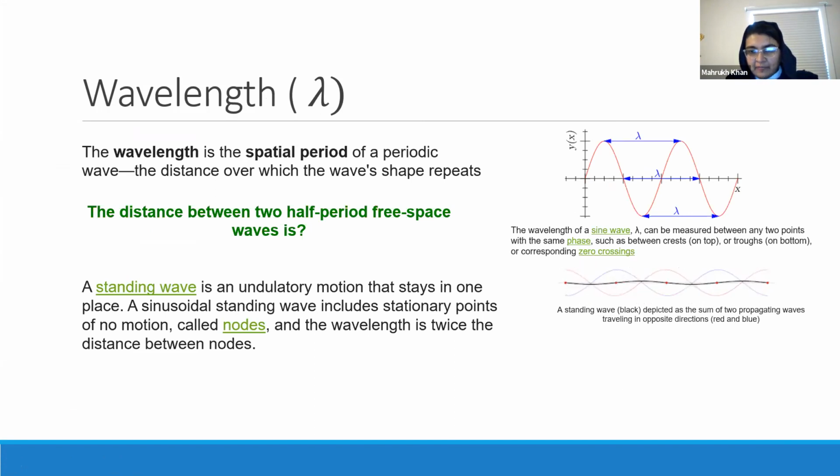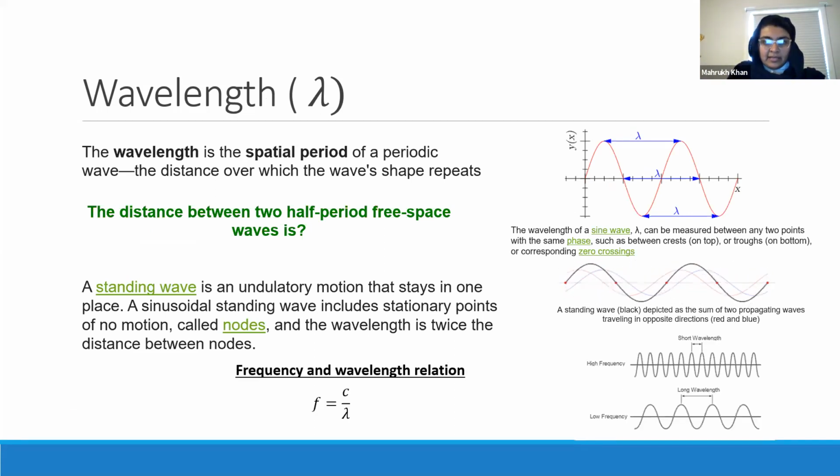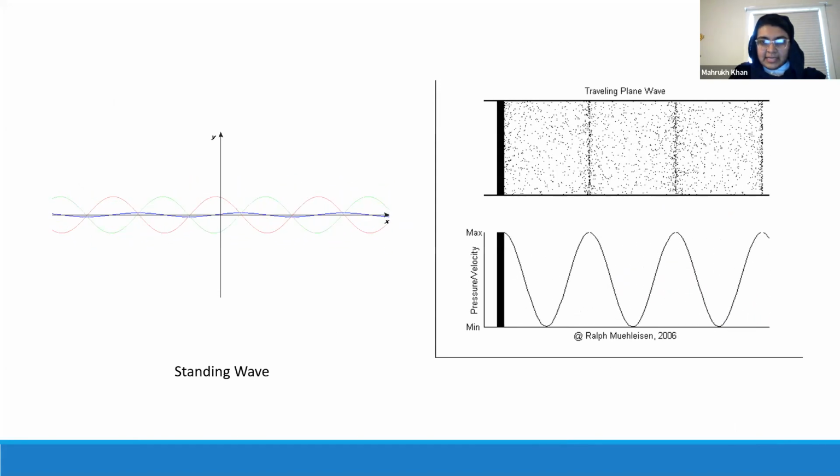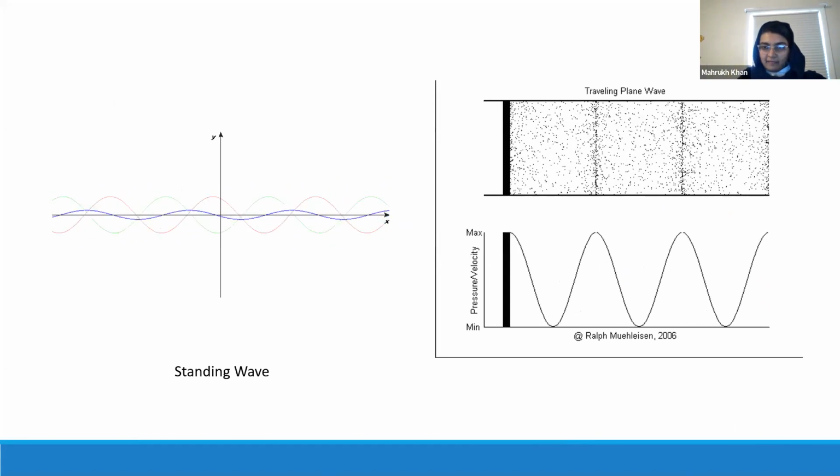So in these waves, we see the combination of some waves that are traveling, and if we get the traveling part out of the oscillation part, we will see some standing waves, right? And then there are two kinds of waves that we have seen. One is the traveling wave and one is the standing wave, right?